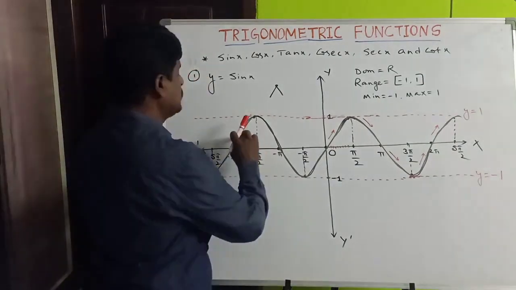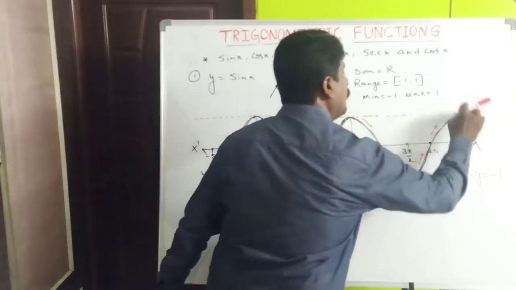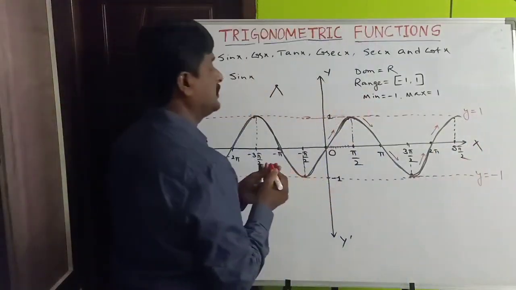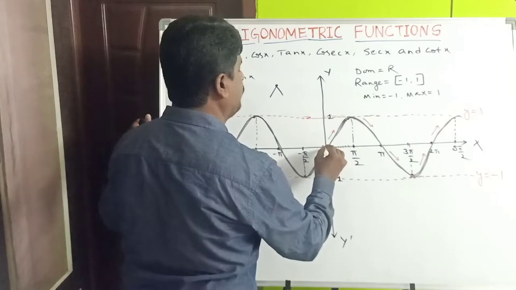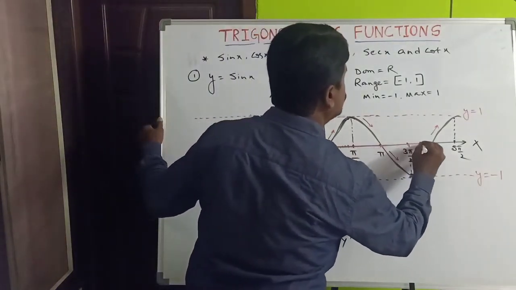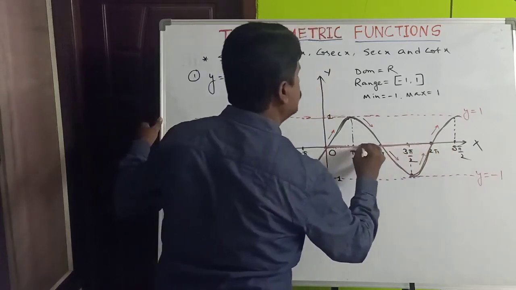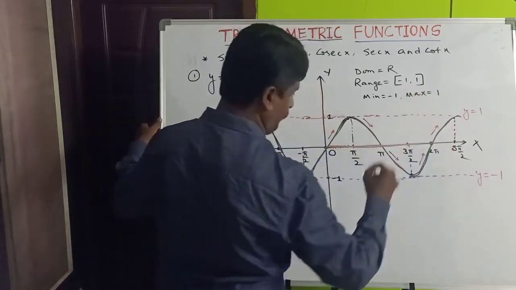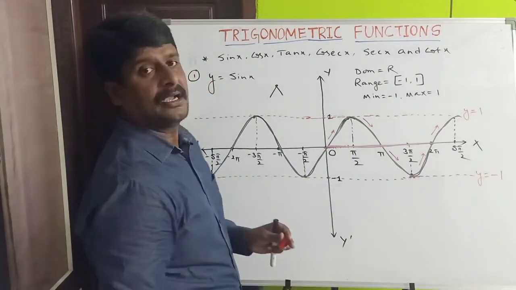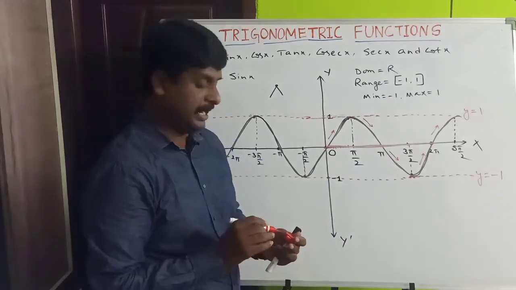Here also we get one upward, one downward, one upward, one downward, one upward, one downward. But one upward, one downward from where to where? 0 to 2 pi.